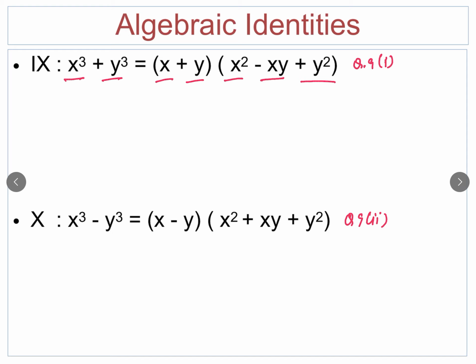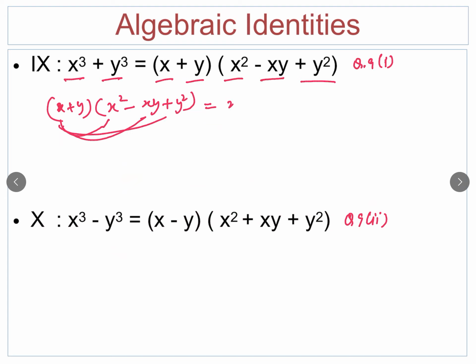We can prove it by taking this x plus y and x square minus xy plus y square. What we're going to do now is multiply this x inside all three terms of the second bracket.